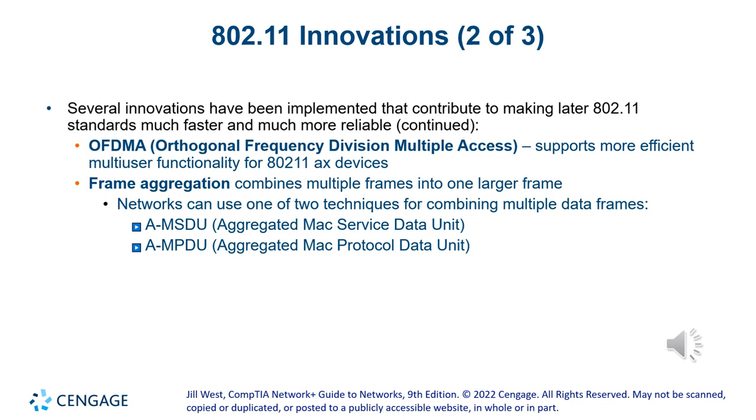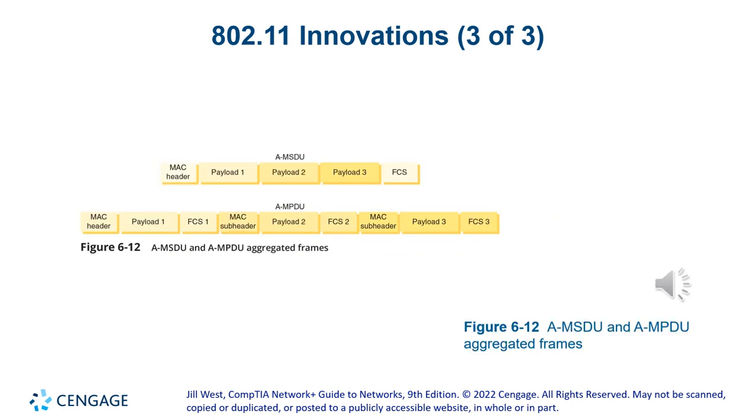So here, what you use is the frame aggregation. You can do something similar with the A-MSDU, the aggregate MAC service data unit, or the A-MPDU, which is the aggregate MAC protocol data unit. There are different ways of doing it that we're not going to get too much into the details of, but it's a way they did to improve the communication.